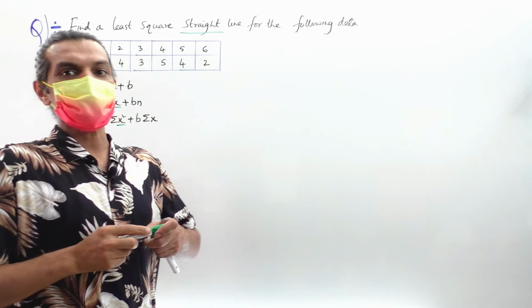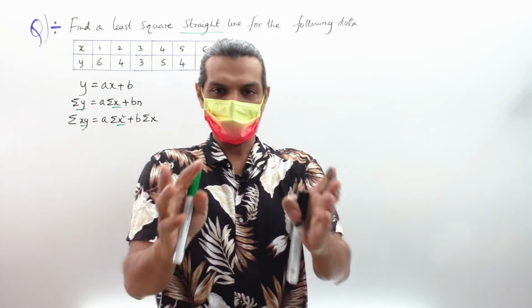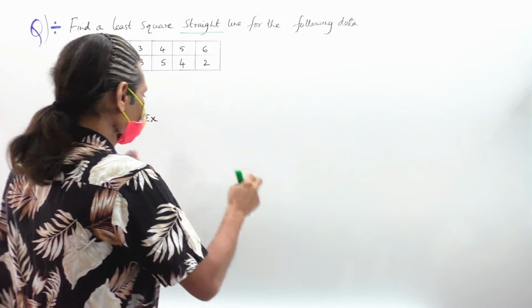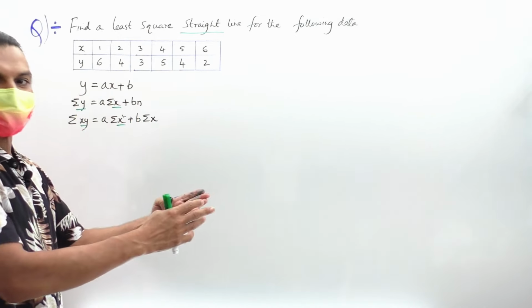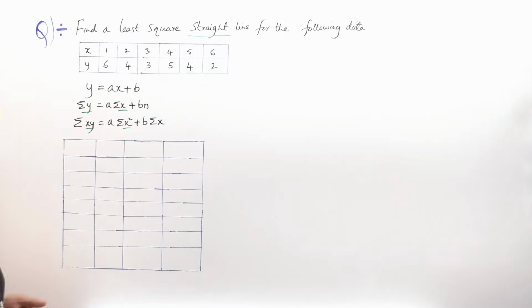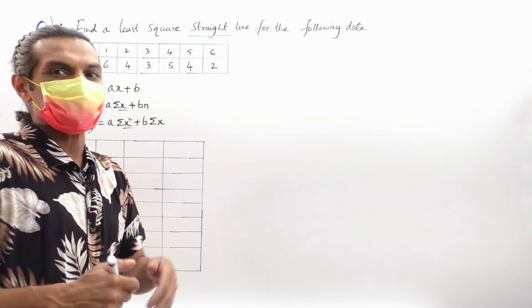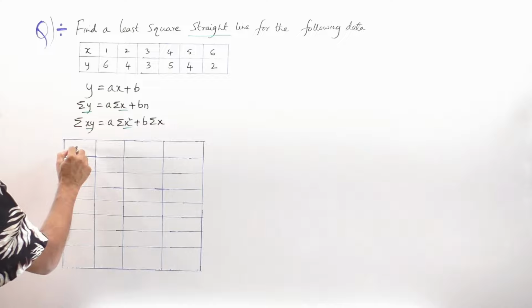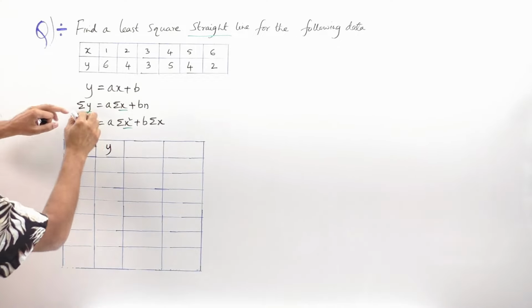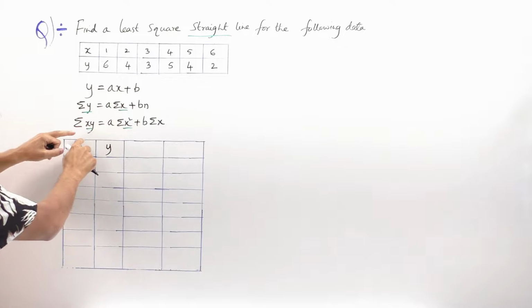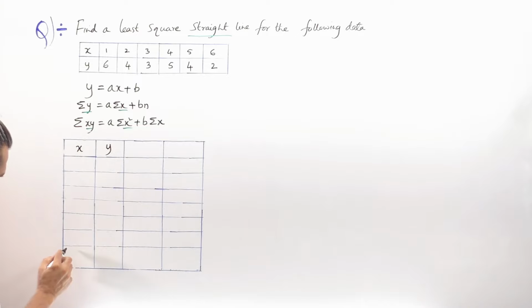We are going to find all the summations using a table. First I will prepare a table here, then let us understand how to solve this using the calculator. So we have the table here, let us input all these values. We have x, then y. When I add this whole column, I get summation of x.